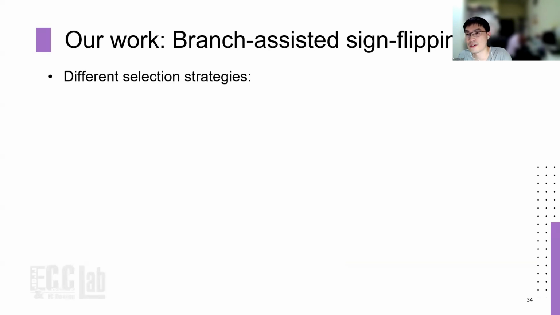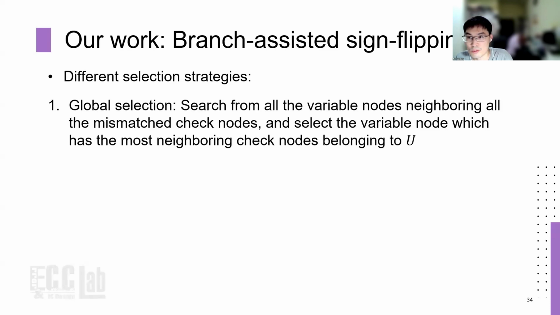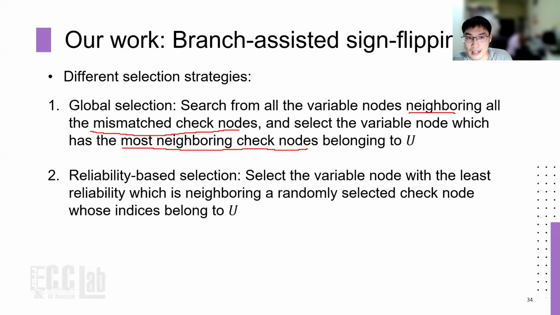So we propose three different selection strategies. First is global selection. We search from all the variable nodes neighboring all the mismatch check nodes, and we select the variable node which has the most neighboring check nodes in U. Second, we propose reliability-based selection, in which we randomly select a check node from U, and we select the variable node with the least reliability neighboring this check node.